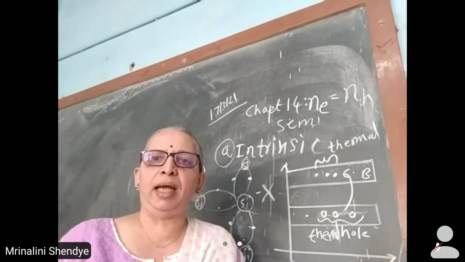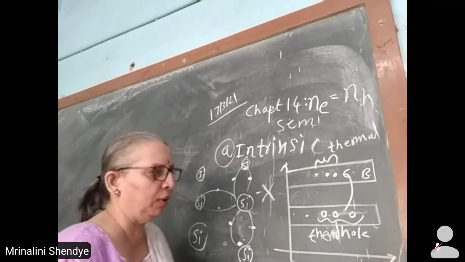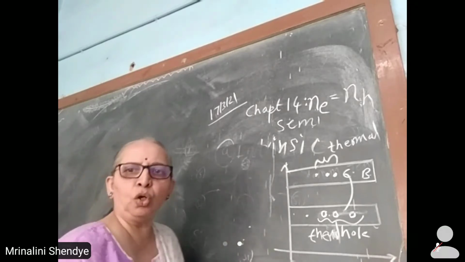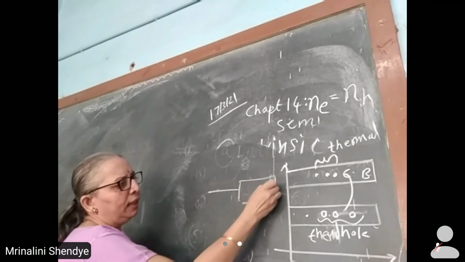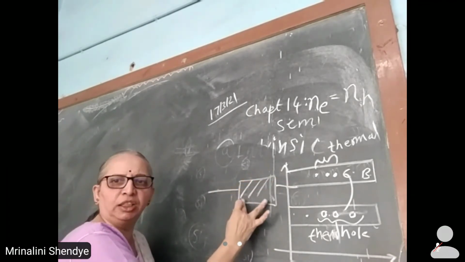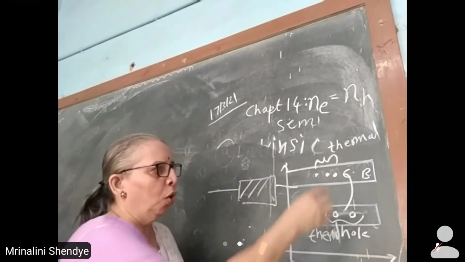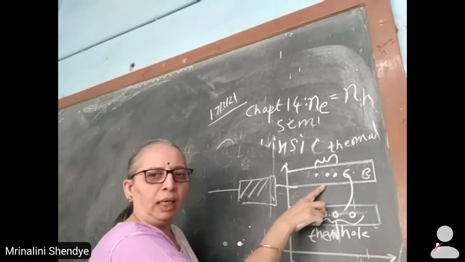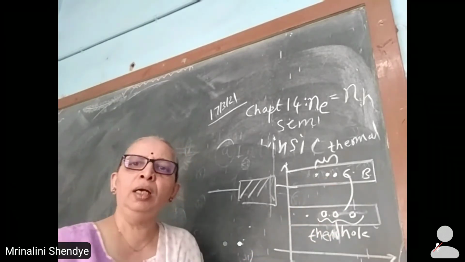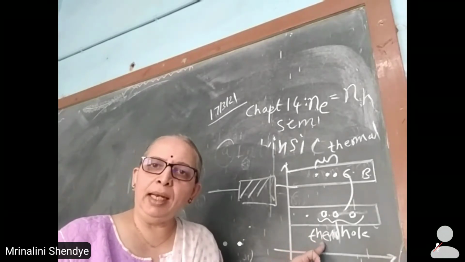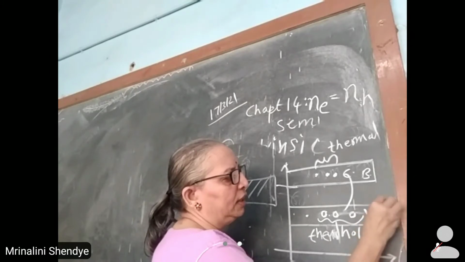Both charge carriers are available for the conduction of electricity. So at this position, if we apply a potential difference across such a crystal, we get two paths of conduction. One path through the conduction band for electrons, and another path for the positive charge carriers, that is thermal holes, through the valence band.